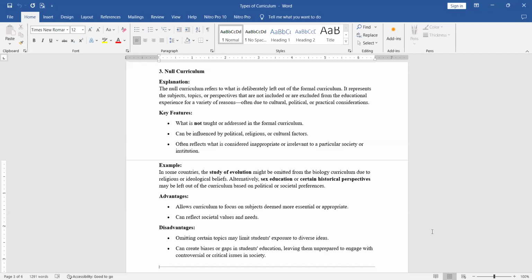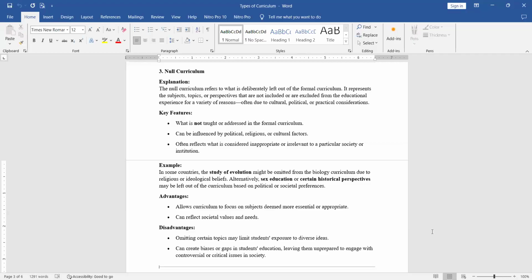The advantage is that it allows the curriculum to focus on subjects deemed more essential and appropriate. So null curriculum allows students to learn the most essential and appropriate knowledge and subject matter, and can reflect societal values and needs.